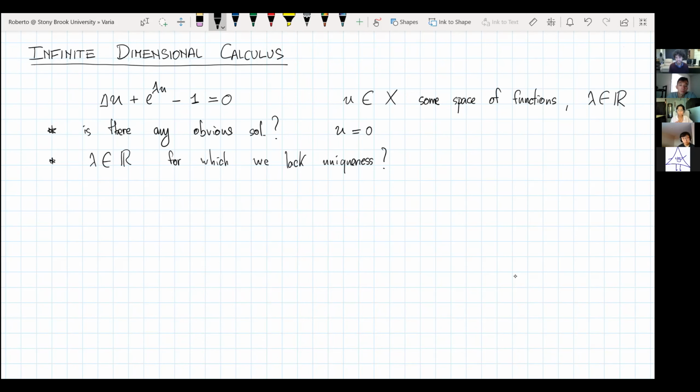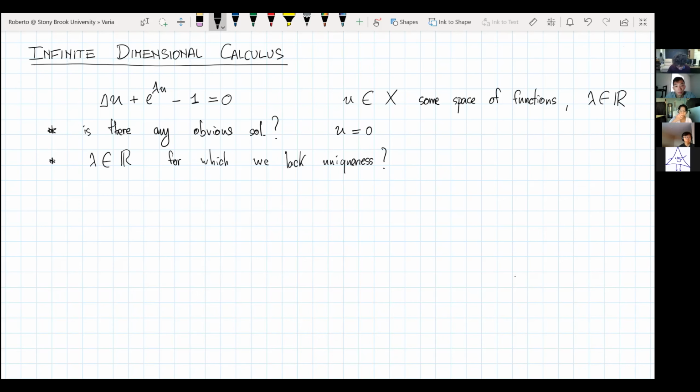The nonlinearity is very bad because we have e to the lambda u. It's not super bad because the nonlinearity is not in the differential part, but just in the non-differentiated part. But anyway, it's nonlinear, so a priori these kinds of equations are hard to study because the tools that we have for linear equations apparently don't apply in this situation.